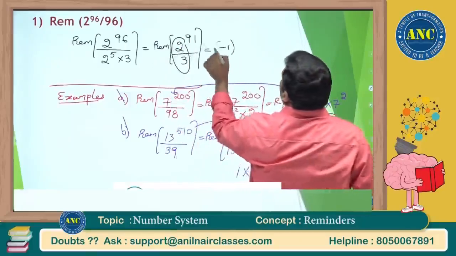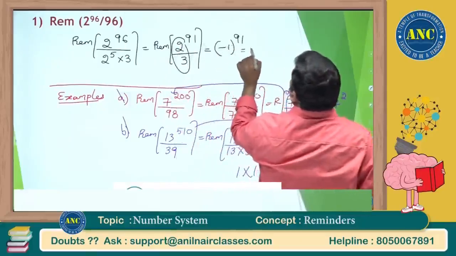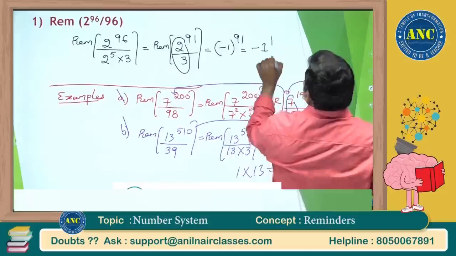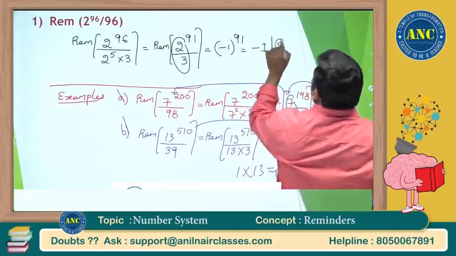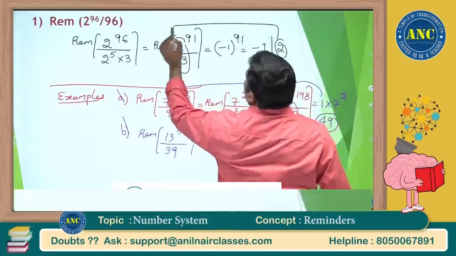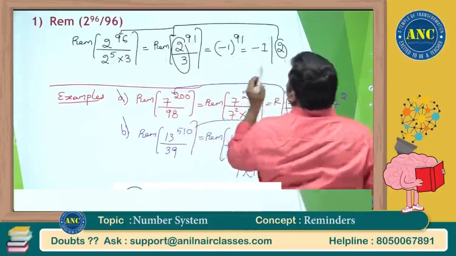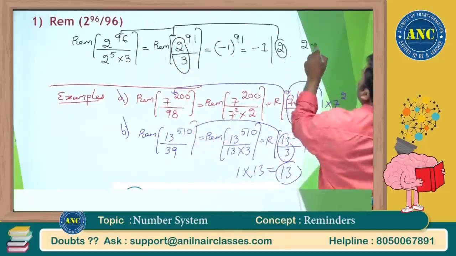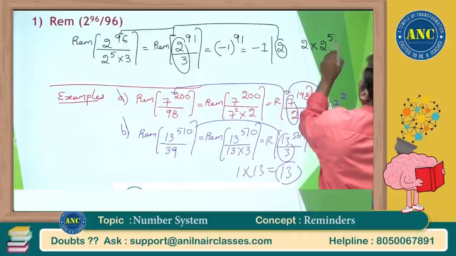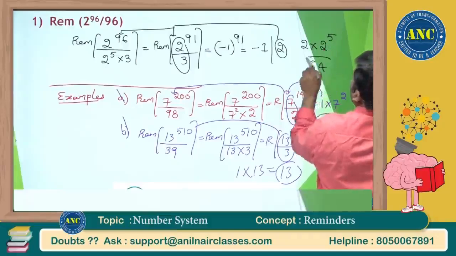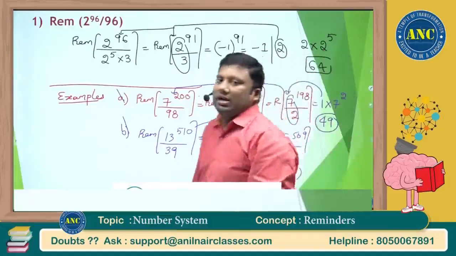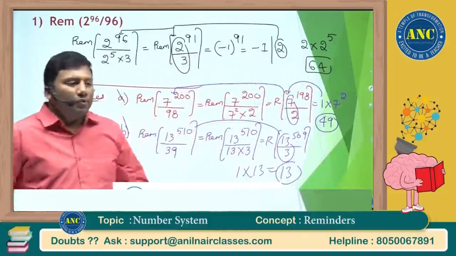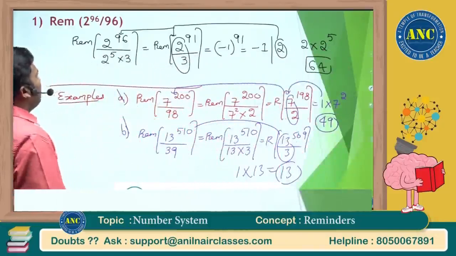Negative remainder is minus 1. Minus 1 power odd is minus 1. Positive remainder will be 2. 2 is the answer for 2 power 91. But I need the answer for 2 power 96. So whatever you removed, remultiply it. 32 into 2 is 64.